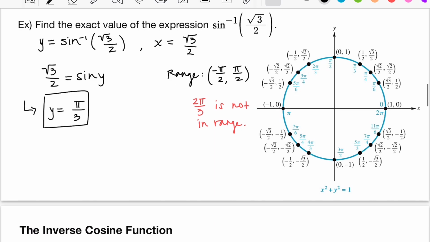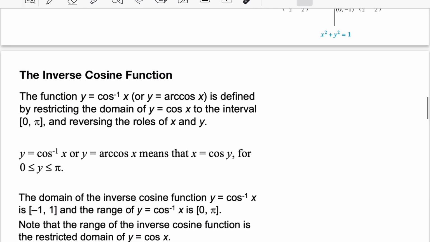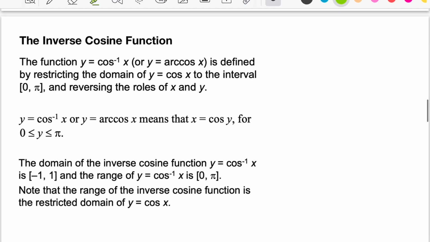Now let's look at our inverse cosine function. So our function cosine inverse, or arc cosine, is going to be defined now by restricting the domain of our cosine function to this interval here, and then reversing the roles of x and y. So if we have y is equal to arc cosine of x, this means that x is equal to cosine of y on this interval here.